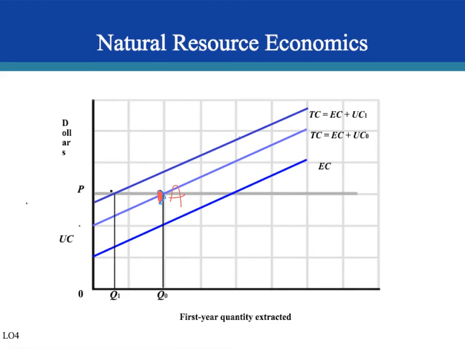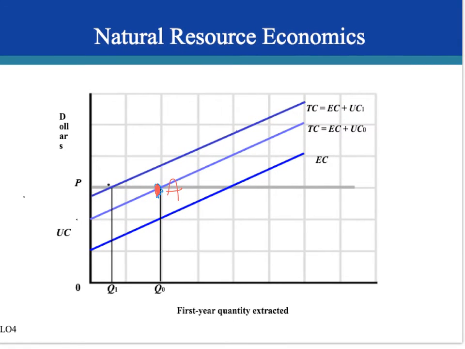So what happens is this raises the user cost. Again, that's the opportunity cost of producing more now. And so the opportunity cost of producing more now would be higher because you're giving up higher future profits in order to produce now. So an increase in user costs would shift the total cost curve up.